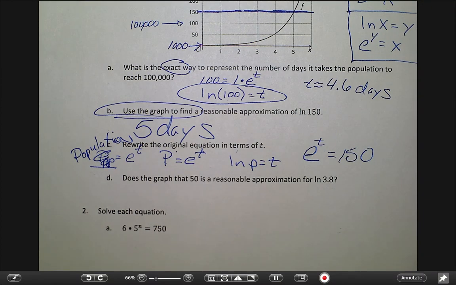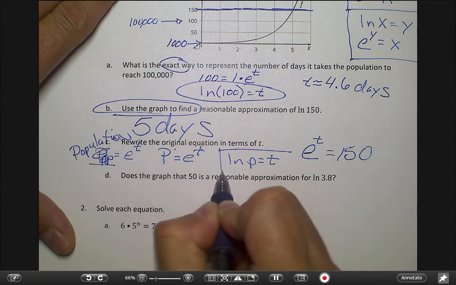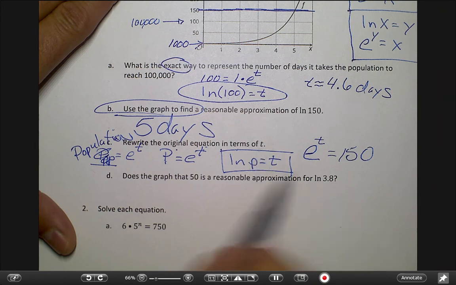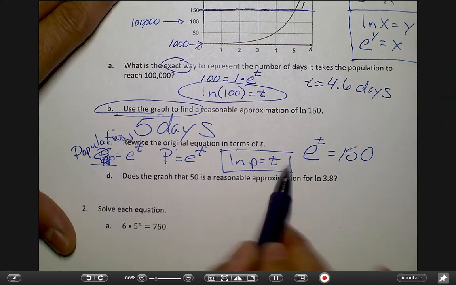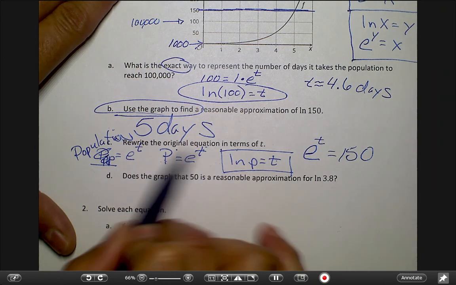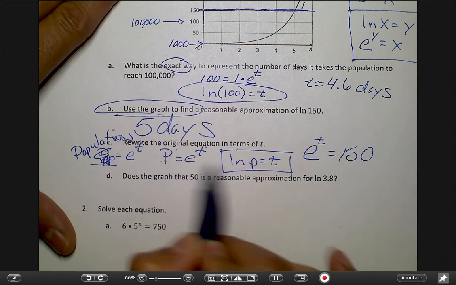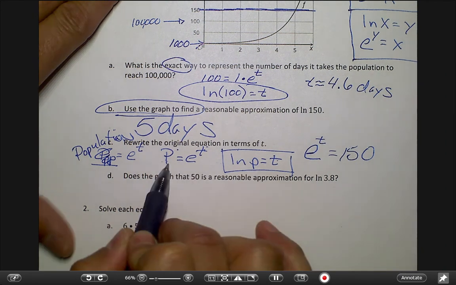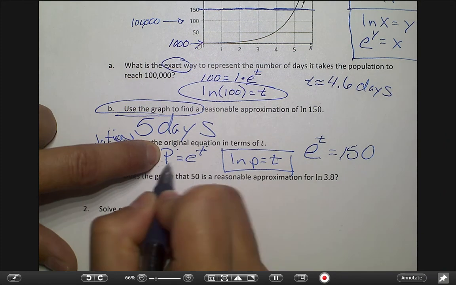So both of those have to be put down, or only one? No, just this one, because it says rewrite it in terms of t. So in terms of t means that it's going to be t equals something. This one right here is going to be P equals something. So if I'm looking to solve for my population, I use this equation right here.